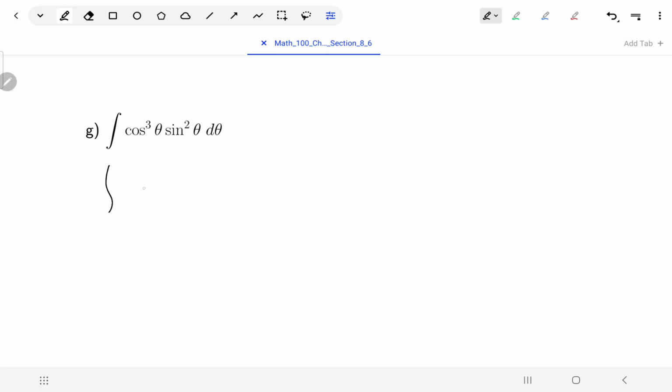So my plan here is to get a single cosine left behind, and I'm going to do it in the following way. Cosine cubed is really cosine times cosine squared. And I know that cosine squared could be rephrased as 1 minus sine squared.